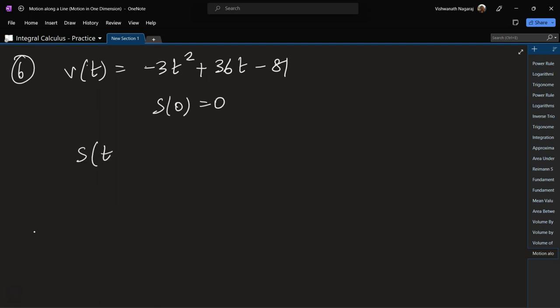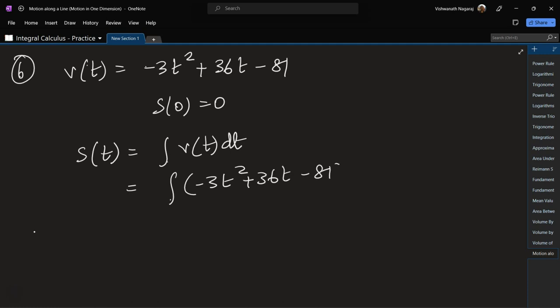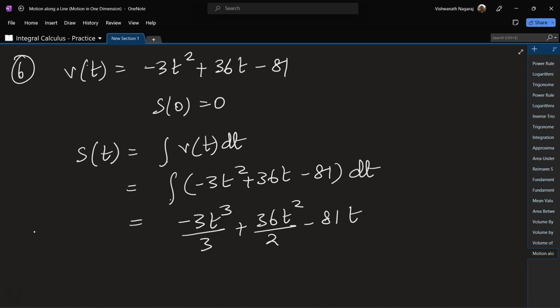So again, s of t is going to be the integral of v of t dt, which means the integral of minus 3t square plus 36t minus 81 dt, which is equal to minus 3t cube by 3 plus 36t square by 2 minus 81t plus c.